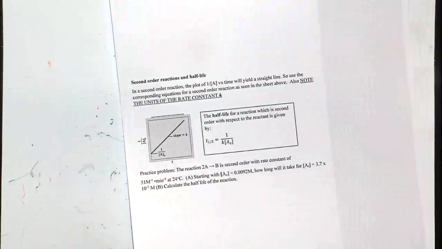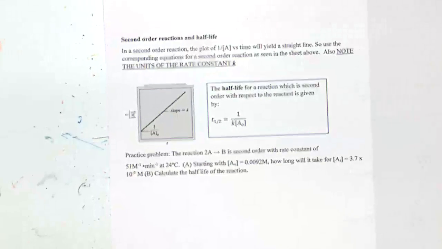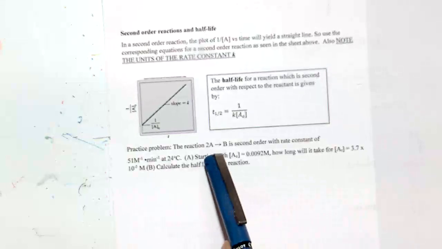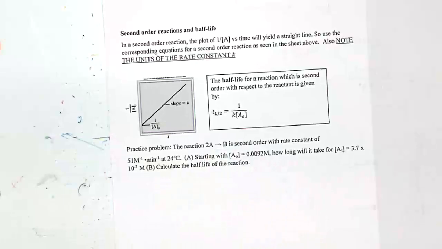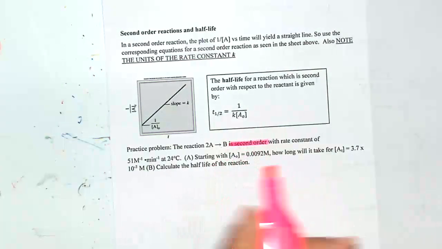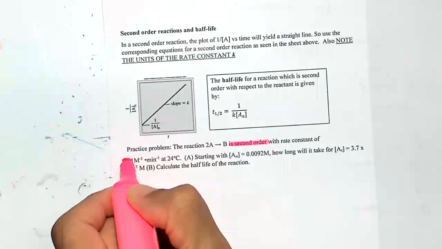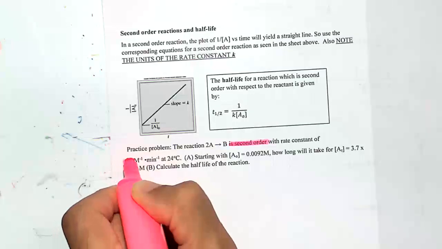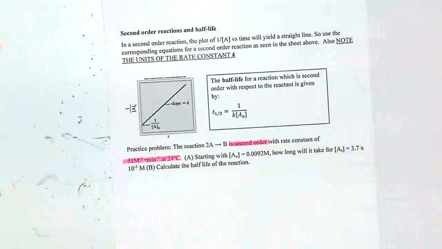Page 12. All right, this one is second order. The reaction 2A goes to B is second order with the rate constant 51 molar to the minus 1 minutes to the minus 1 at 24 degrees.